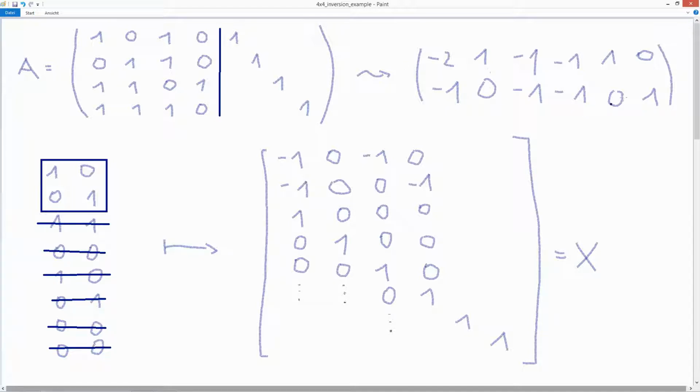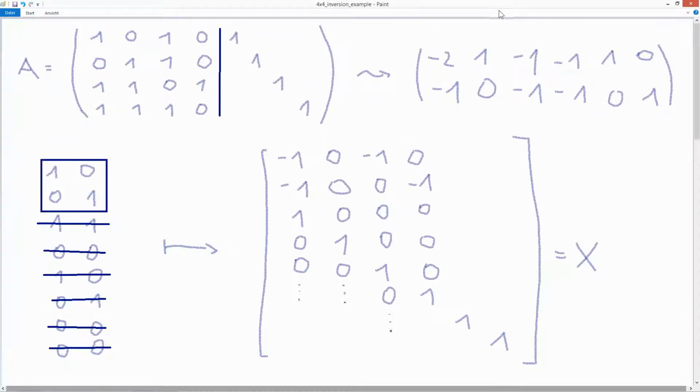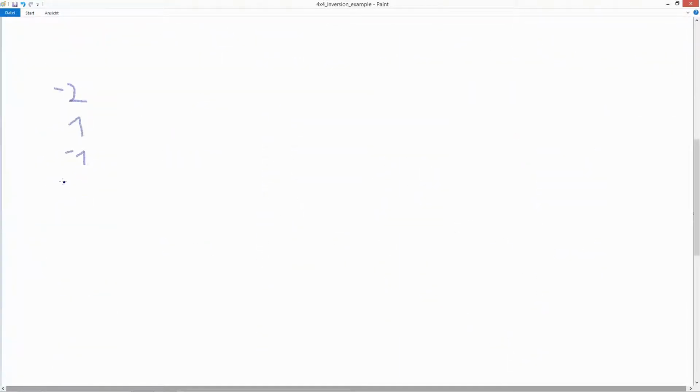So now we have this matrix here. Now we will write down the rows of this newly calculated matrix again. So the first row, which is -2, 1, -1, -1, 1, 0.